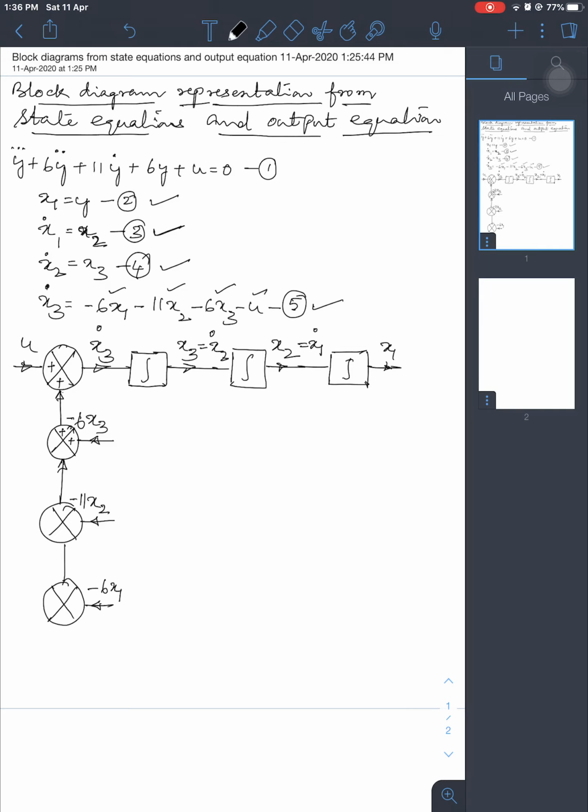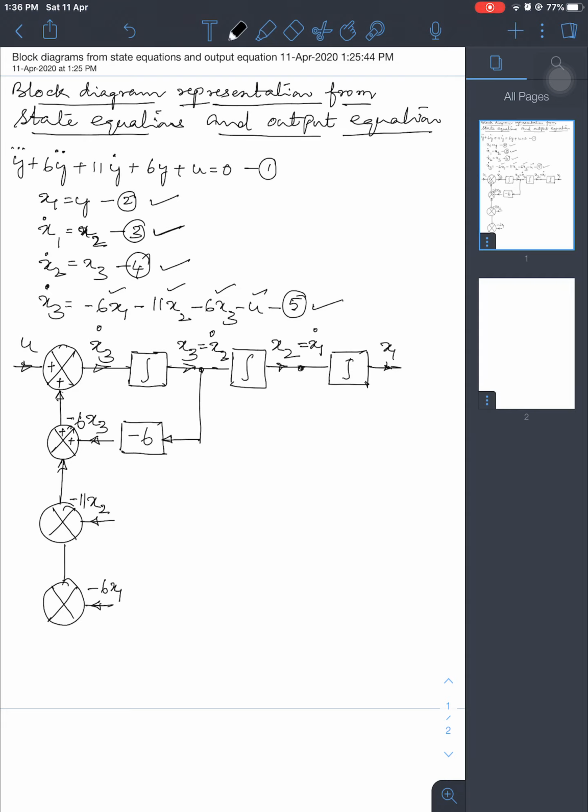So for minus 6x3, I have x3 here. I'll take a point off this particular location, pass it through a block having minus 6, and take it here. So x3, when multiplied with minus 6, gives minus 6x3, which is getting added here.